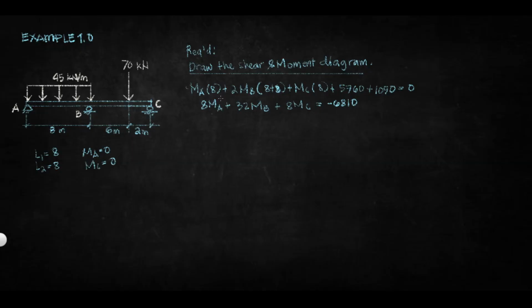Okay, so, removing this term and this term, we have 32 MB is equal to negative 6,810. So, ang MB po natin, moment sa B, is negative 6,810 divide lang natin ng 32. So, we have negative 212.8125 kilonewton meter. So, para sa sign convention, pag negative po ito, MB, okay, consider po natin yung sign sa ating moment.